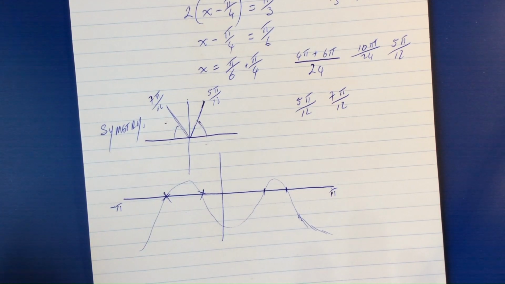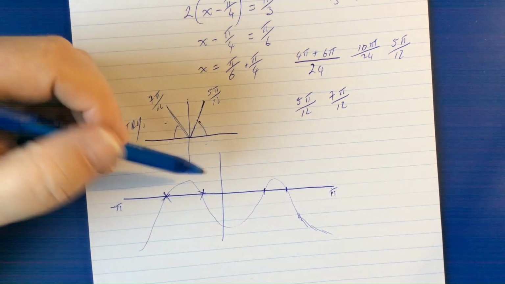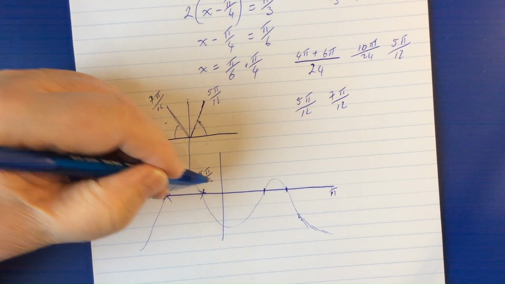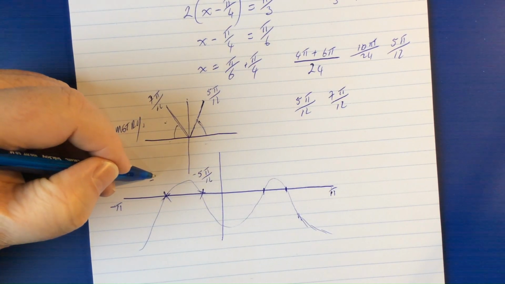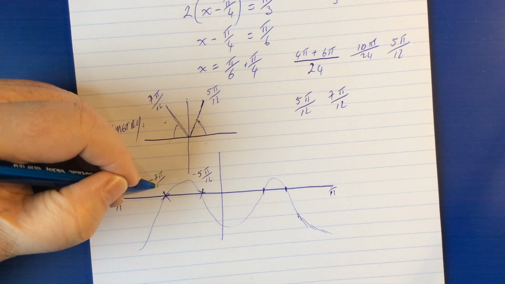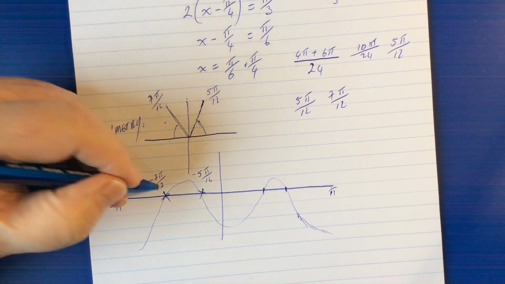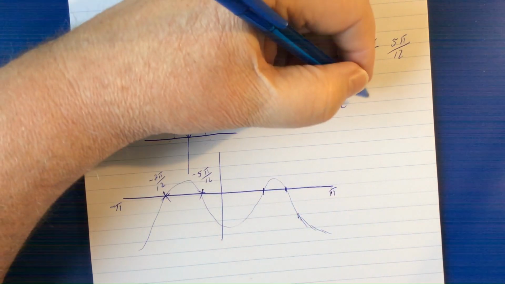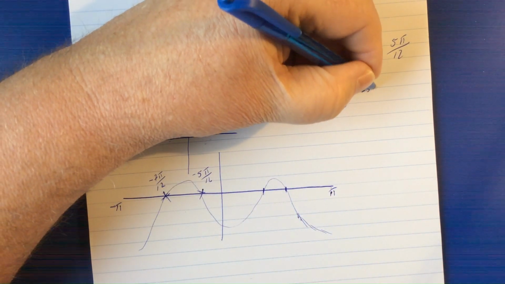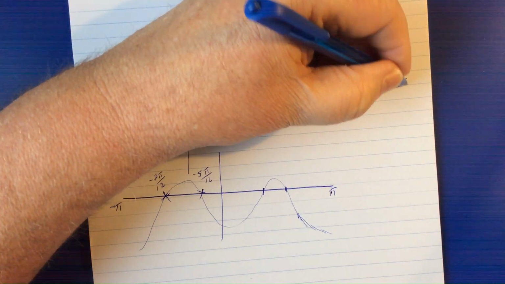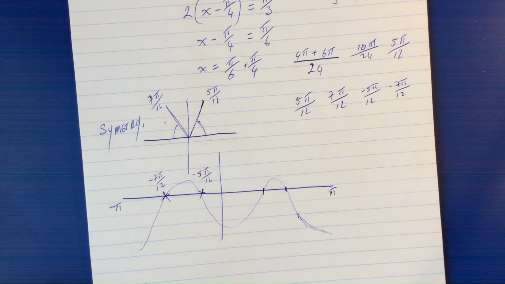And by symmetry, we can say that this is going to be negative 5 pi on 12, and that's going to be negative 7 pi on 12. So I think we have 4 solutions for this. Negative 5 pi on 12 can go in there, and negative 7 pi on 12 can go in there.